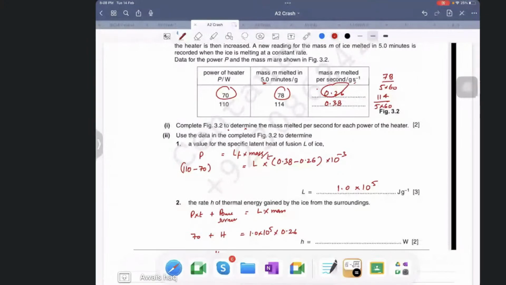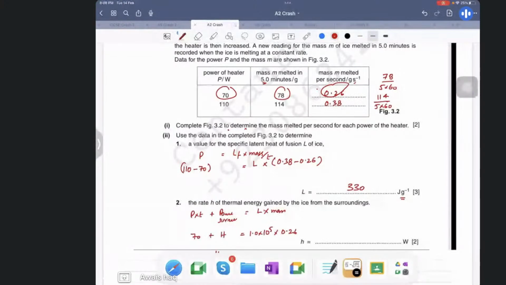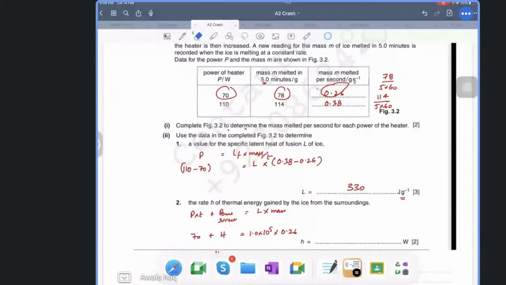So without 10 raised to minus 3, it's correct. Yeah, without 10 raised to minus 3, it is correct. Are you sure? Oh yeah, it is in grams. That's fine. Okay, 330. What did you change in the calculation?